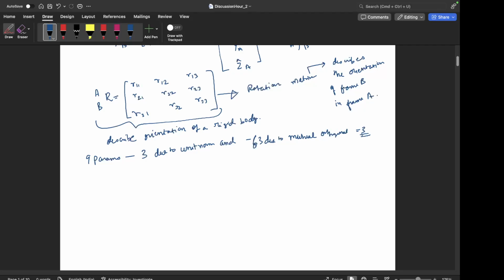So the remaining is 3. So orientation can be parametrized by 3 independent parameters. Okay.